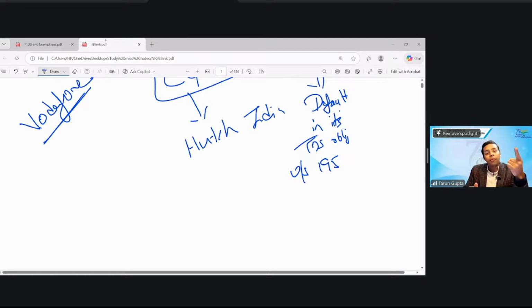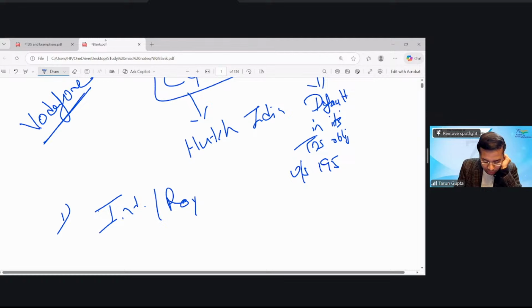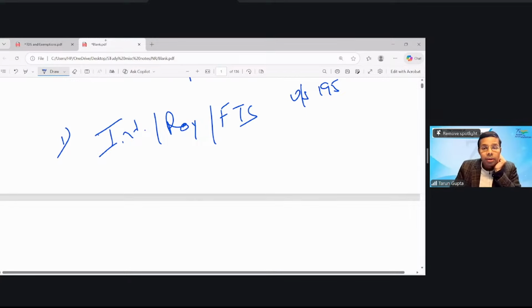You just have to see whether the recipient is non-resident and the sum which he is receiving is chargeable to tax under the Act or not. See, I give you more examples. You have studied this. If you remember, we discussed in section 9 itself interest, royalty, and FTS. While discussing this, we discussed when they accrue or arise, where they accrue or arise.